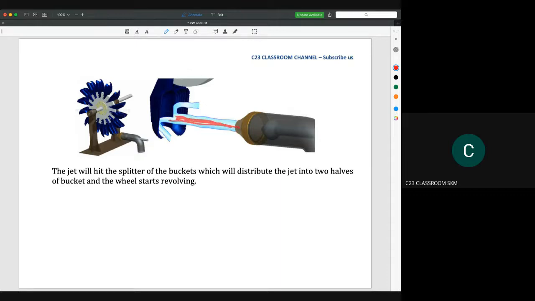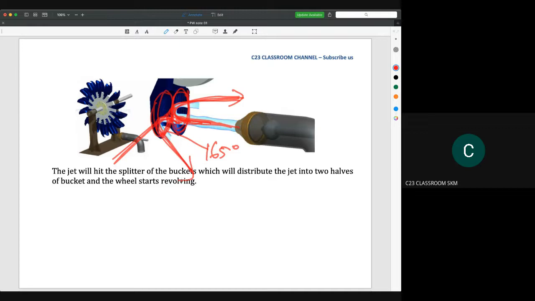The water will hit the splitter here, and then flow like this. At this situation, the angle here is 165 degrees. We must have the two spherical buckets like this to make sure the water will flow in the direction like this.